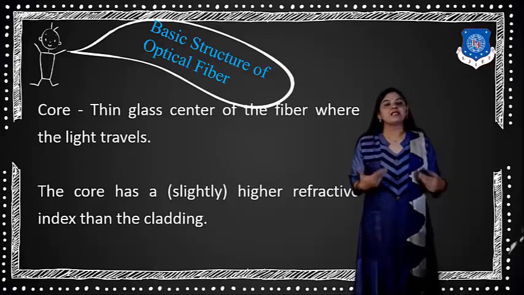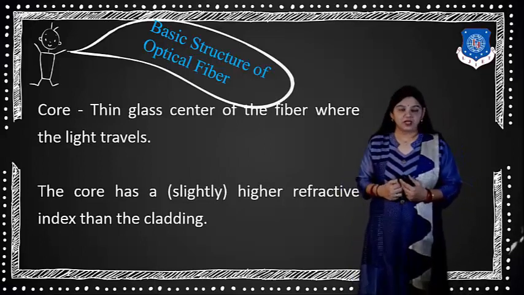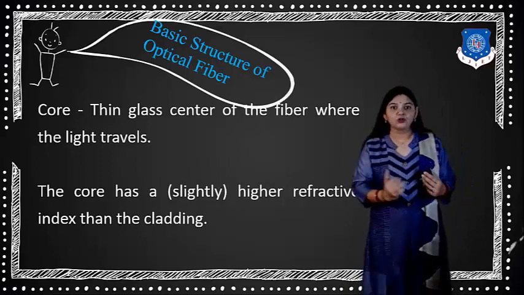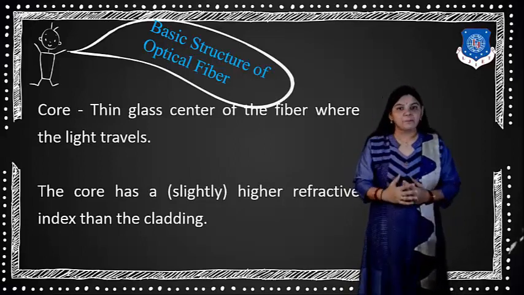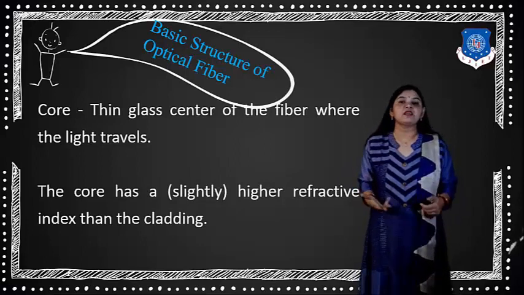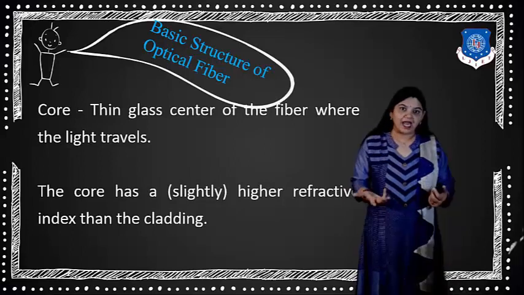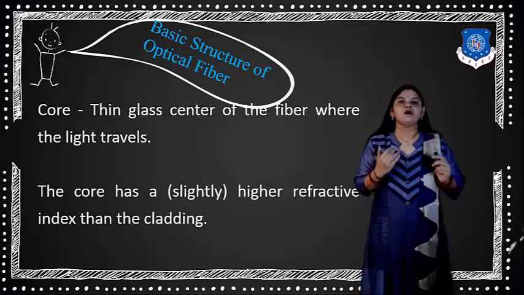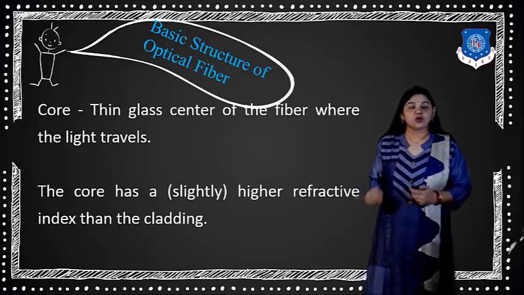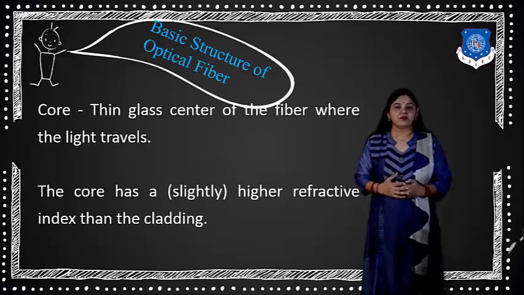We will see in the next chapter what the refractive index is, meaning how a wave passes through a medium. Whether the medium is rarer or denser determines how the wave travels through the material. So the core has a slightly higher refractive index than the cladding.